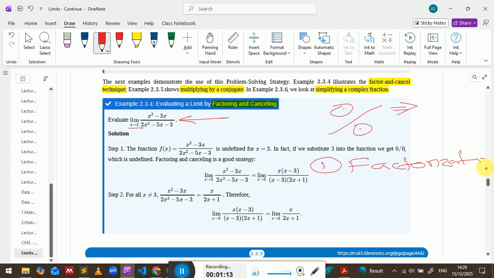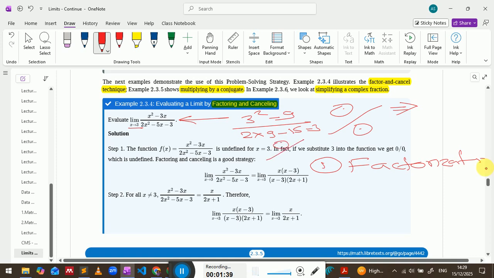If you directly replace x with 3, what will happen? 3 to the power 2 minus 3 into 3, 9 minus 9, 0. Then 2 into 9, 18, minus 5 into 3, 15, minus 3, 18 minus 18, 0. 0 divided by 0 is the answer. So we cannot provide 0 divided by 0 as an answer for any mathematical formula.